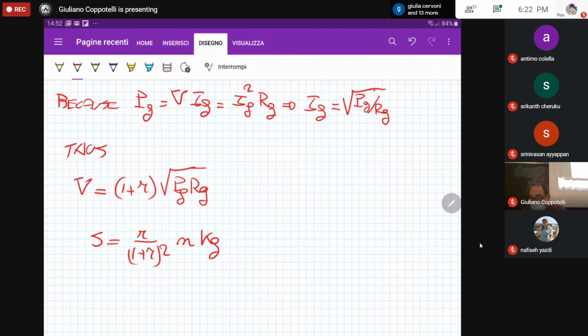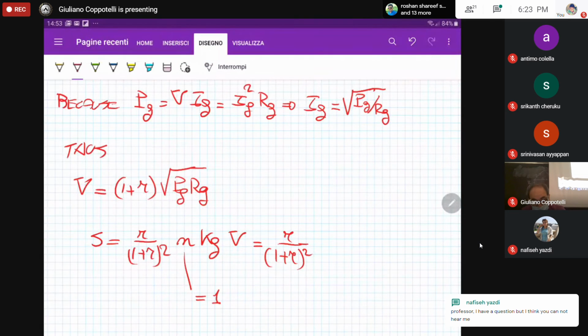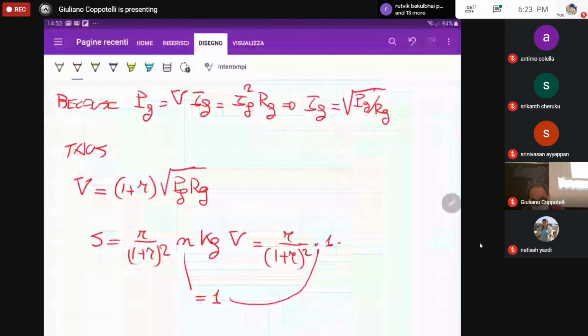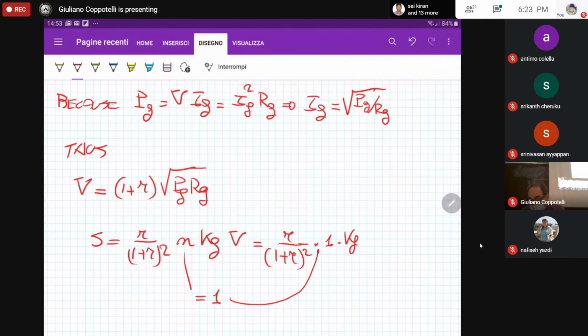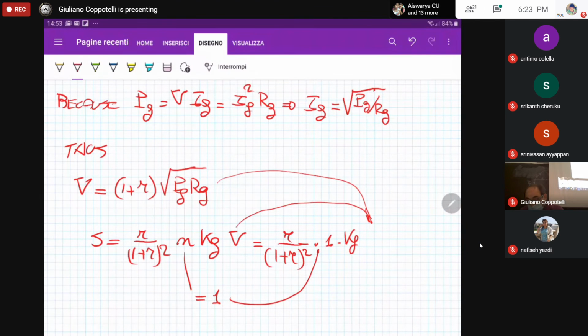And then I should write V, okay, that is R plus 1 plus R square, that is equal to 1, so times 1, okay, then kg, and then V. That is the equation. So what we got here is 1 plus R times square root of Pg Rg.